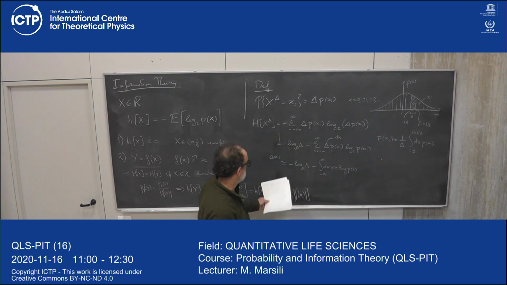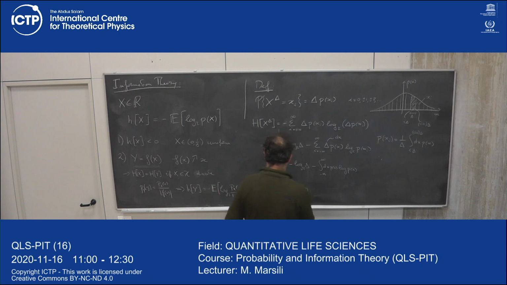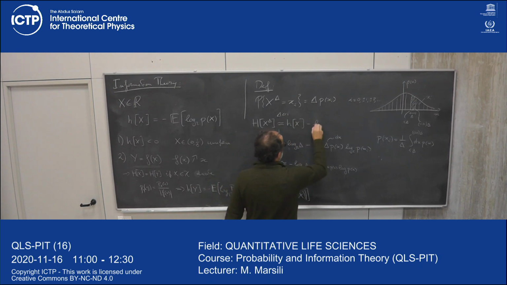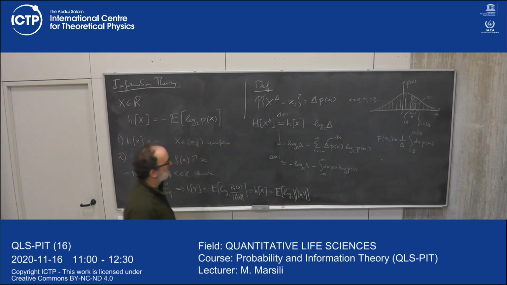So the end result is that when delta is small, this is h of x minus log 2 of delta.